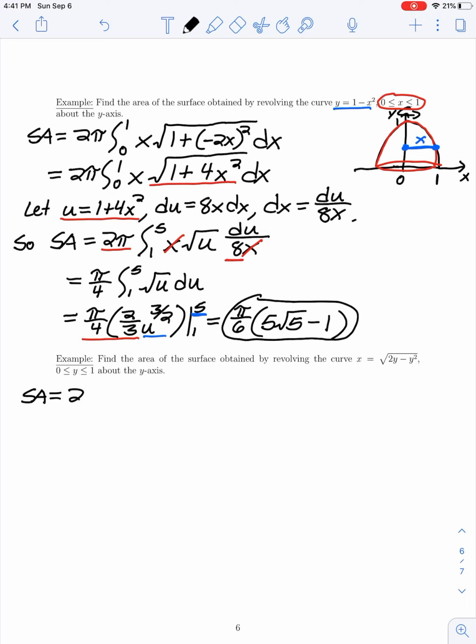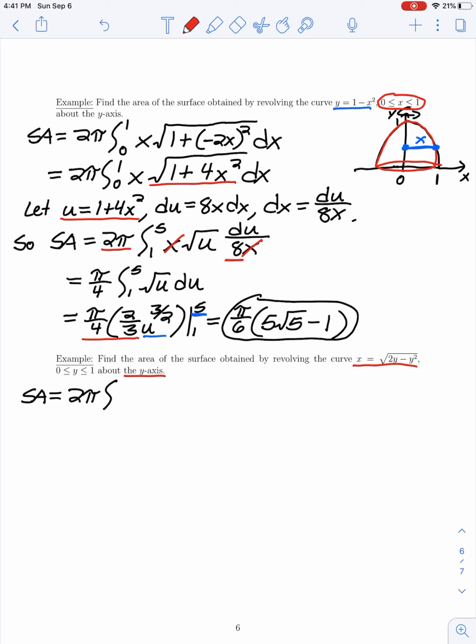Now generally, we're taking the integral of 2 pi times the radius of our little cylindrical strip, which, if we're revolving about the y-axis, is x, that is the distance from the y-axis horizontally.